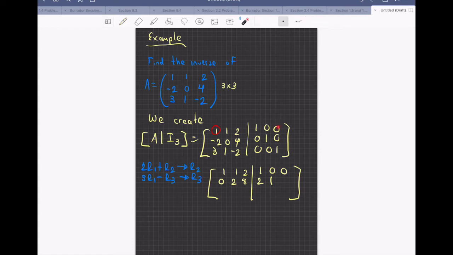And 2 times 0, 0 plus 0, 0. Now I have performed this operation.